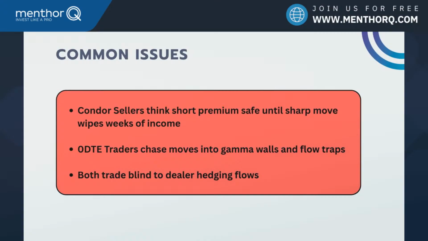Zero DTE traders looking for breakouts or reversals normally trade into gamma wars, and basically if the move doesn't go your way, if you don't see the breakout, your premium loses value very, very fast.